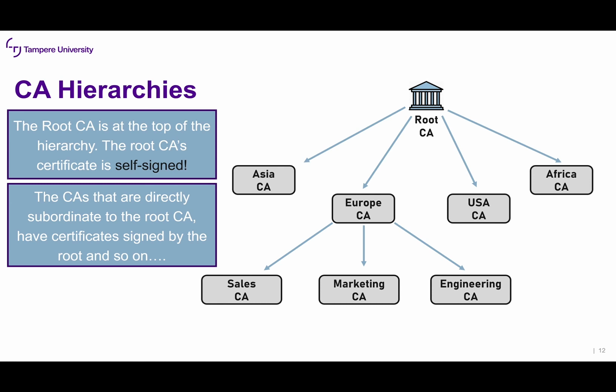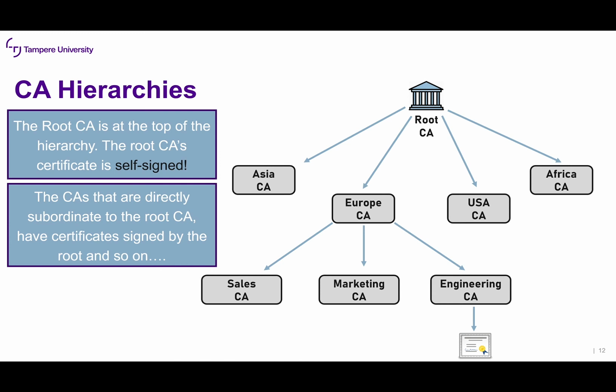If a new employee starts working as an engineer in the Europe brand, then the engineering CA, which is subordinate to the Europe CA, which is subordinate to the root CA, will generate a certificate for that user, right?